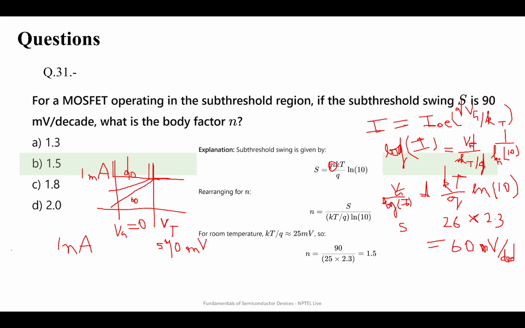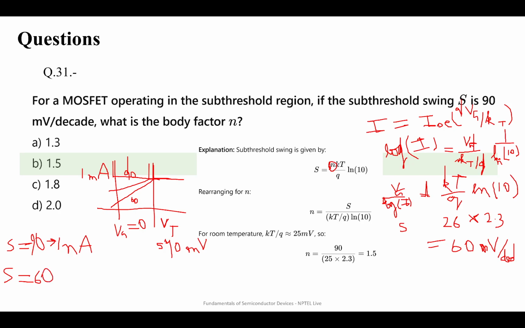That is if my S equals 90. At S equals 90, it's giving 1 nanoampere. At S equals 60, what will I get?